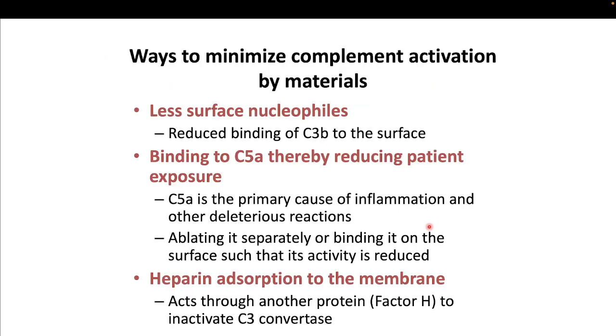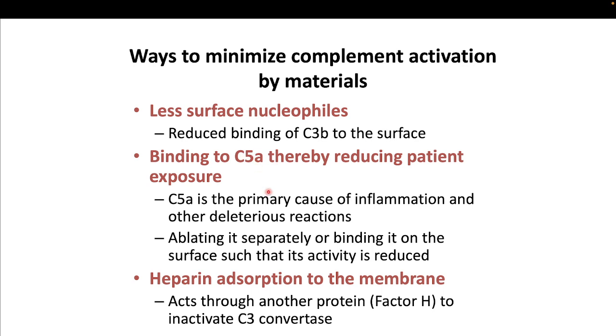Since you have already implanted this biomaterial, you can try sequestering the C5a to some other surface, meaning you can collect all this C5a that is roaming around in the body and keep it bound to some other surface, so that it's not free to activate the other proteins. In this way you can try reducing the reactions of C5a.